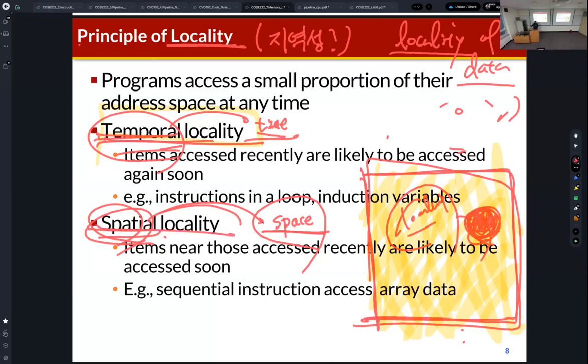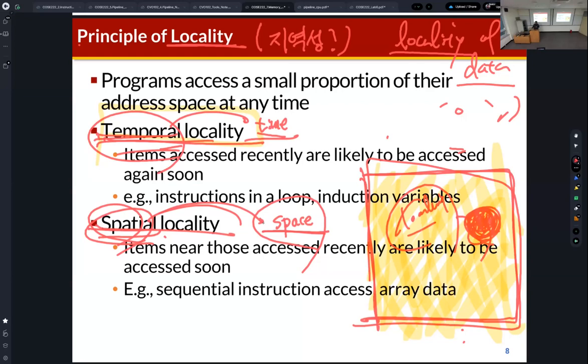You need to understand the definitions. If the same data is used again and again, it's called temporal locality. If nearby data is used in the near future, it's called spatial locality.